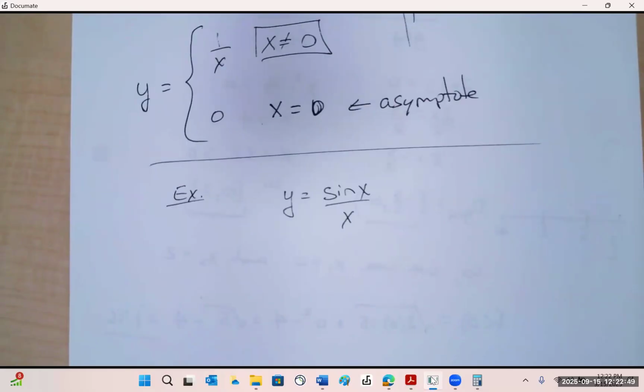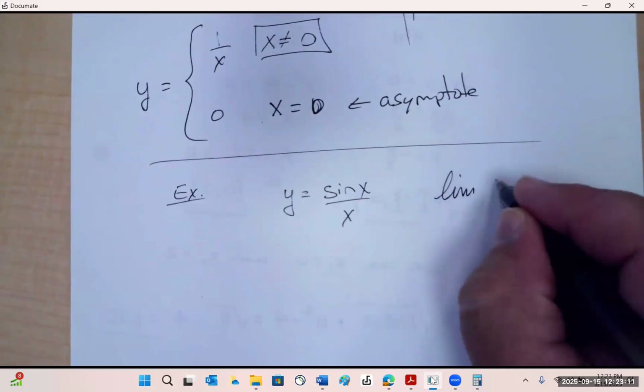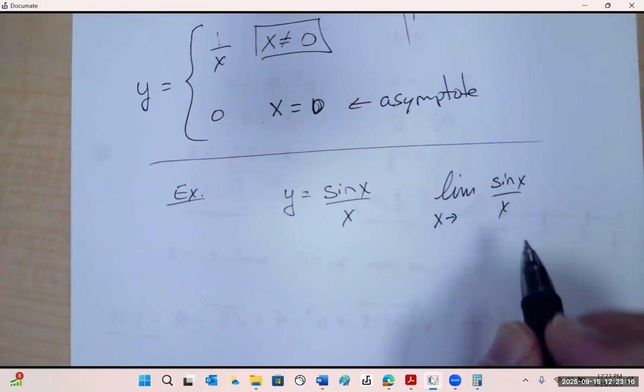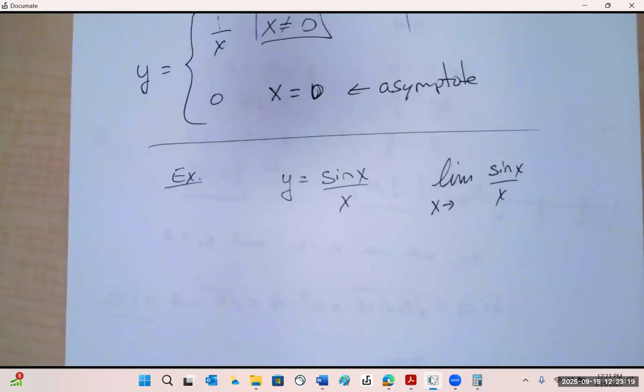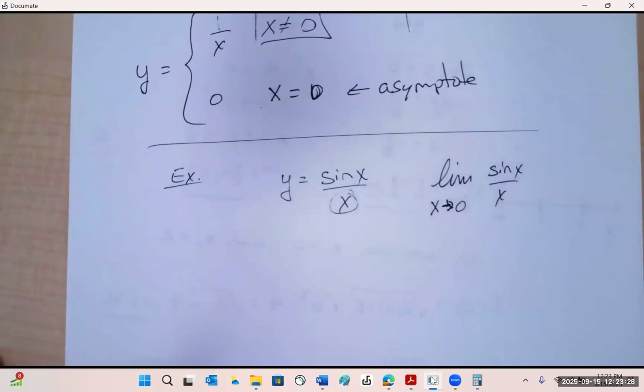Section 5.6? Does this look familiar? If so, what do we do with this function? Does the limit exist for this function? What's the only value we have trouble with? What value for x? We can't have a 0 on the bottom, so what happens at 0?